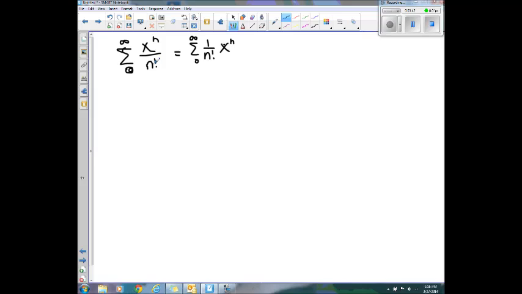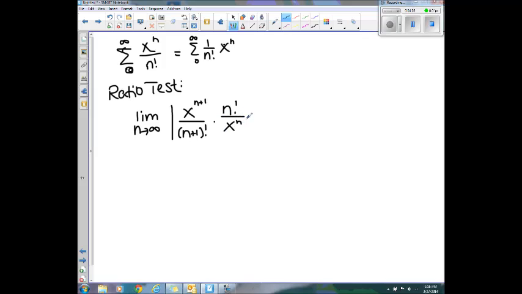If I want to figure out where this series converges, again, I said the ratio test is going to be really useful to us. So for the ratio test, we're going to take the limit as n goes to infinity of the n plus first term divided by the nth term, which after we flip it over, looks like this.